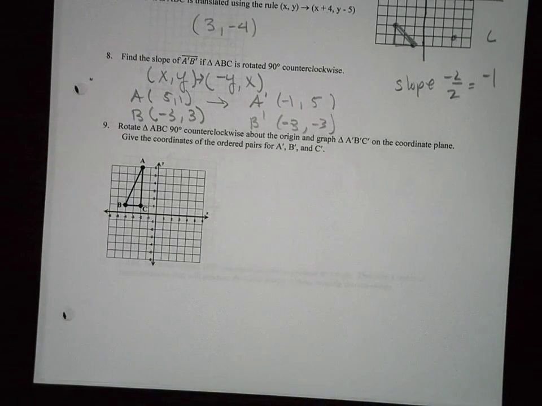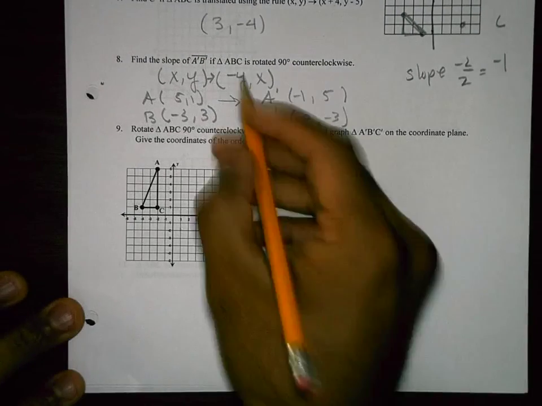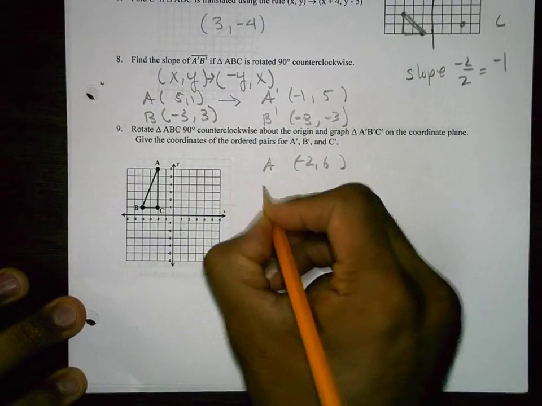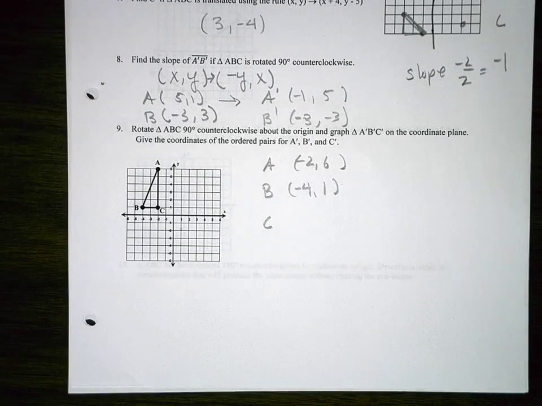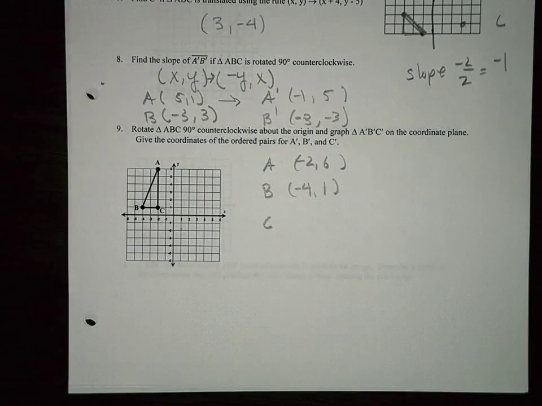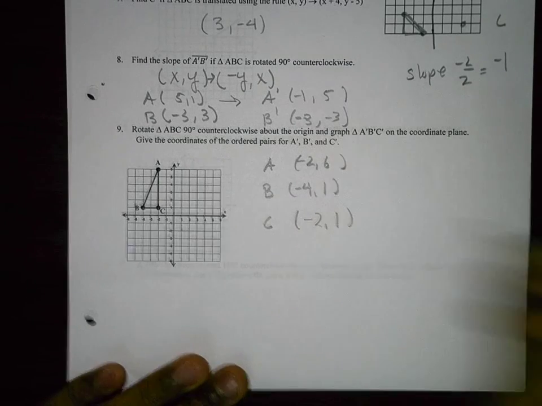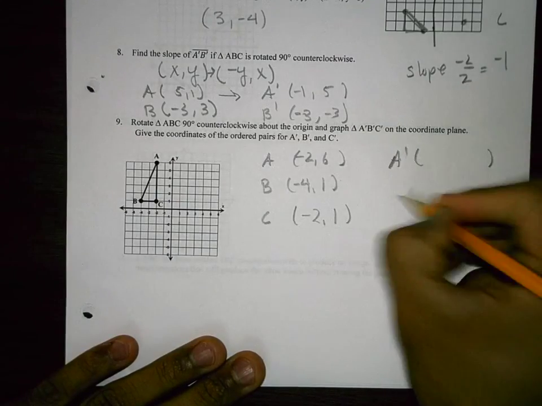Number 9. Rotate ABC 90 degrees counterclockwise about the origin. Same thing here. Use the rule that I used above, and I have to find all these points. A is the point -2, 6. B is the point -4, 1, and C is the point -2, 1. So 90 degrees tells me to rotate them.